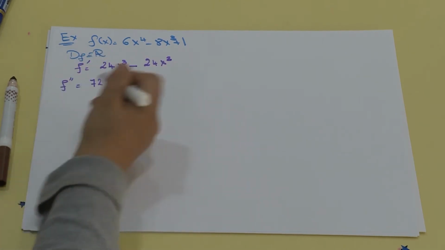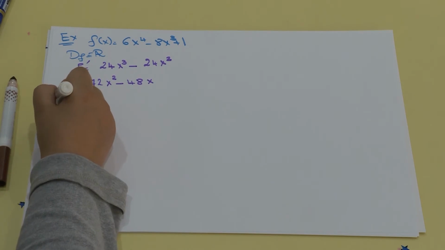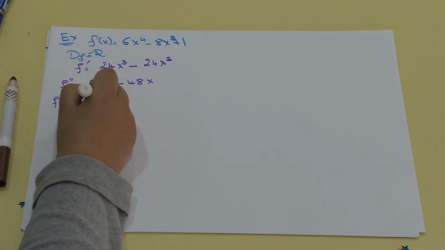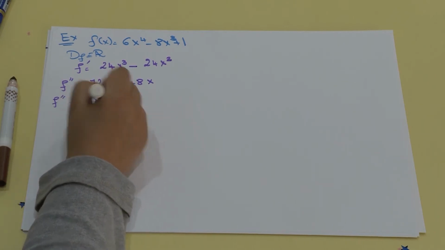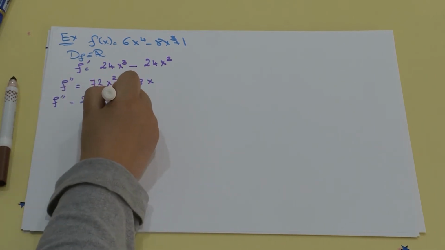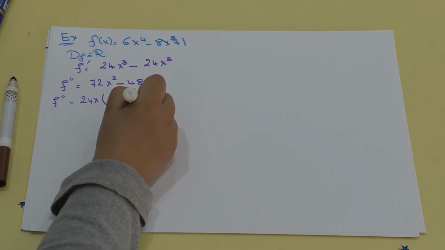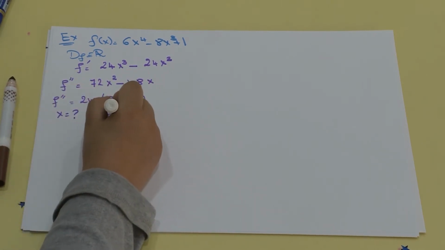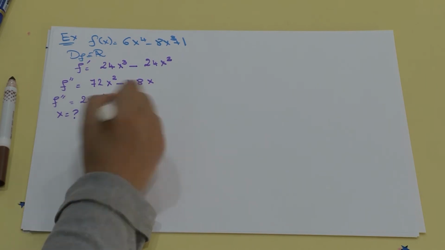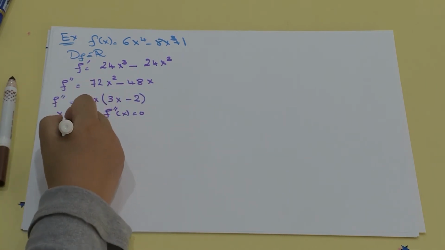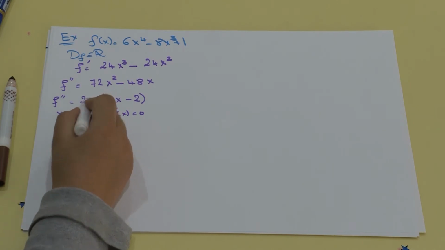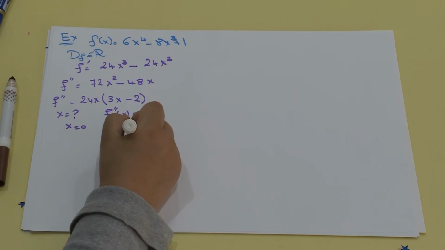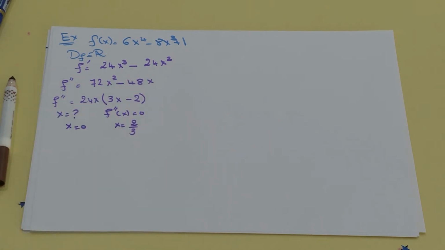Now we will simplify this. f double prime equals 24x common factor, and inside now I will have 3x minus 2. What are the values of x for which f double prime of x equals 0? These are two values, either x equals 0 or x equals 2 over 3 from the second bracket.